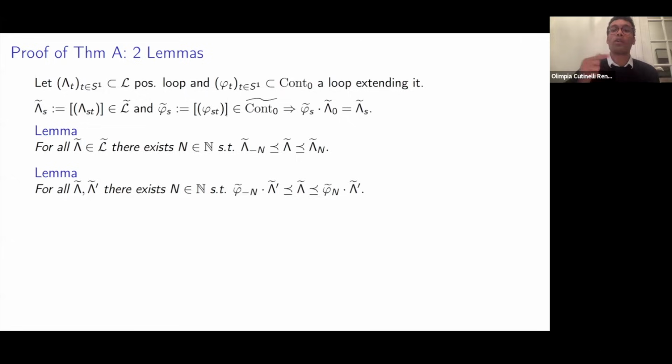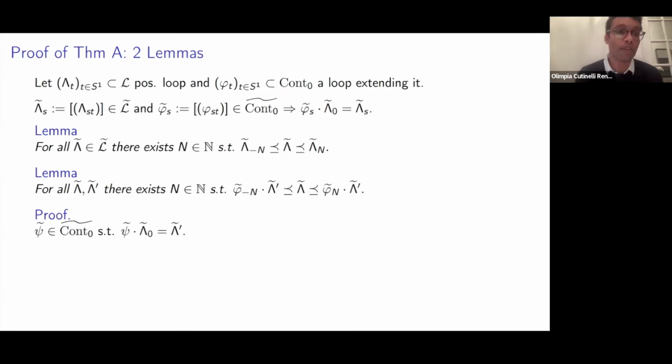Here the little more difficulty comes from the fact that phi t was not a positive loop. So by iterating it more and more times, I'm not getting more and more positive, since it was just extending a positive loop of Legendrians. But it's not hard to get rid of this difficulty.